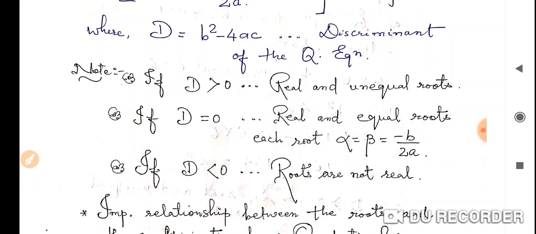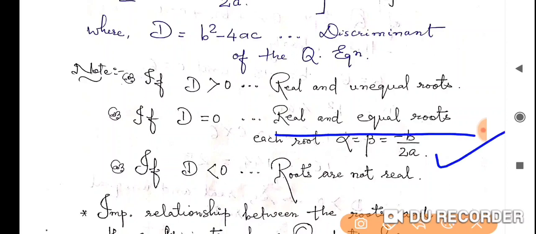Second condition is d equals to 0, that is, b square minus 4ac equals 0. Then real and equal roots exist, and in that case alpha equals beta.